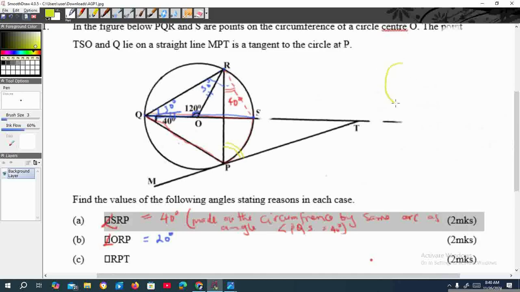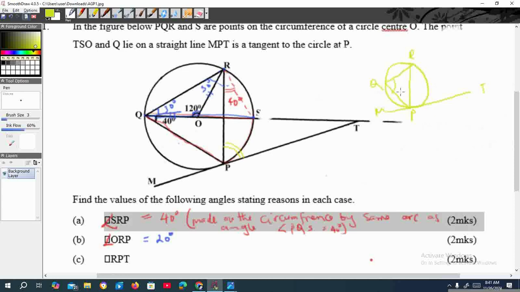If I draw this circle alone, I draw line RP, R and P, then I draw the tangent PT. This is T and this is M. I draw PQ. And I join Q to R.